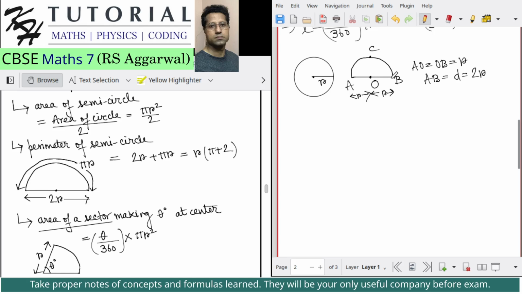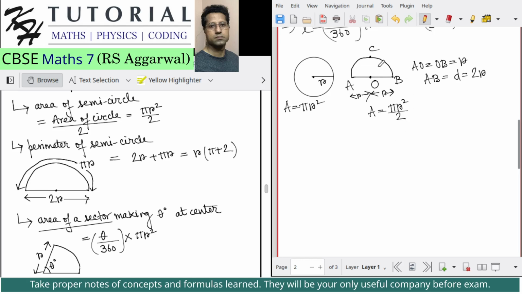Obviously the area will be half the area of the full circle. For this full circle, we know the area is equal to pi r square. So definitely for the semicircle, the area will be pi r square by 2.